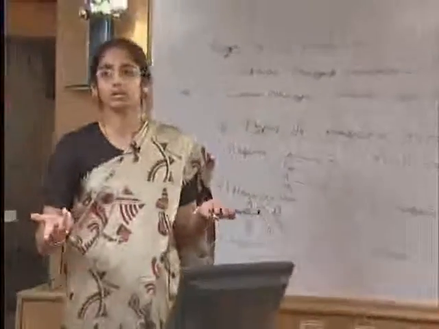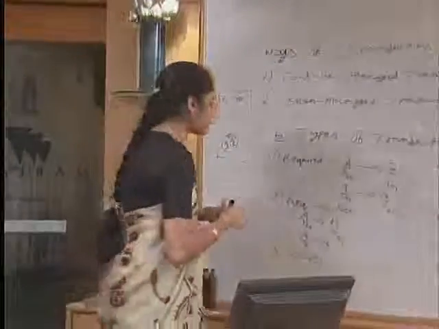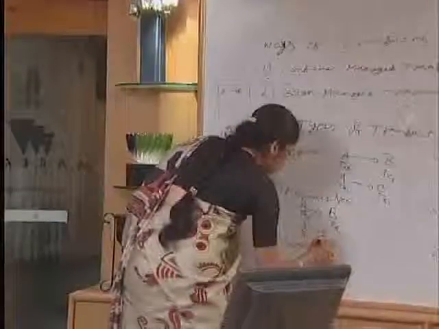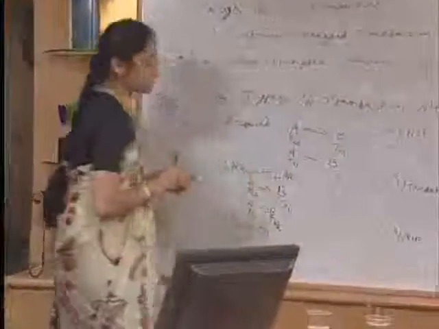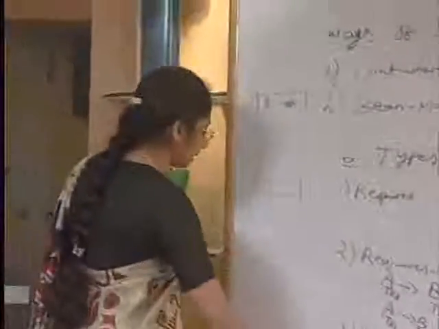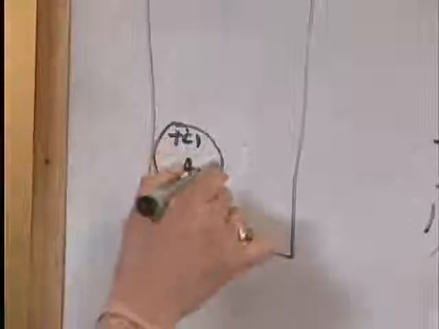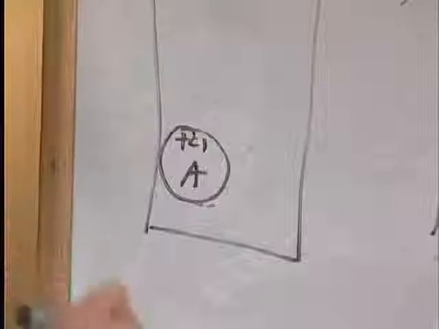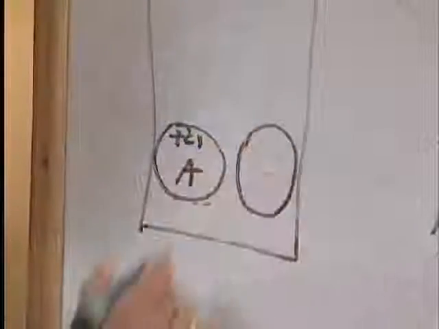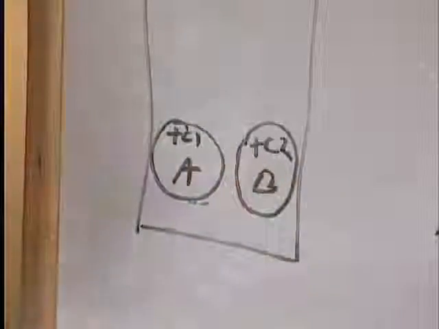It means, regardless of whether I have a transaction context or not, I want a new context to get executed within. So if A was already under a transactional context, let's say TC1, still because B has been specified with requires new, another transactional context, let's call it TC2, is created within which B executes.